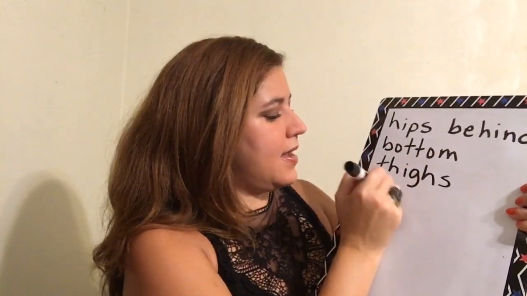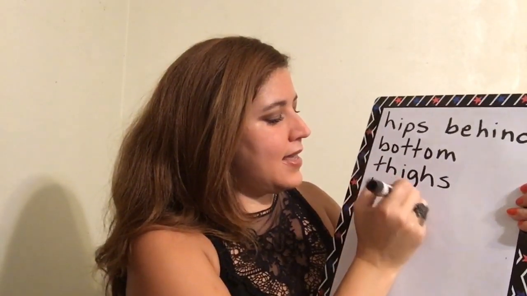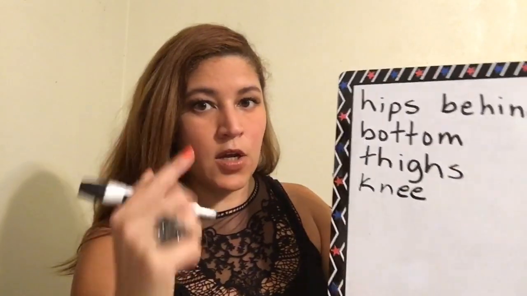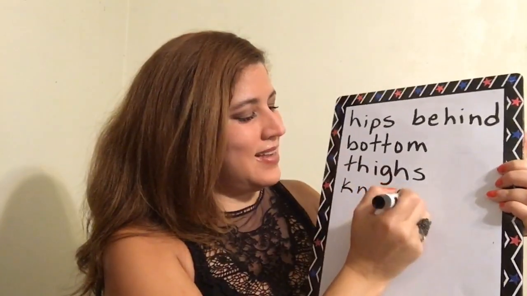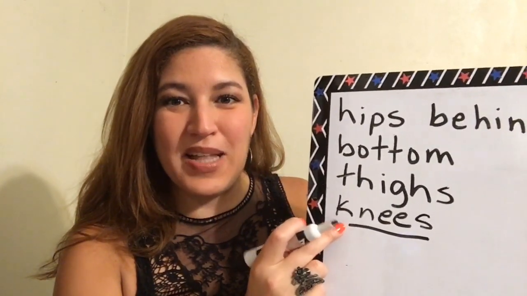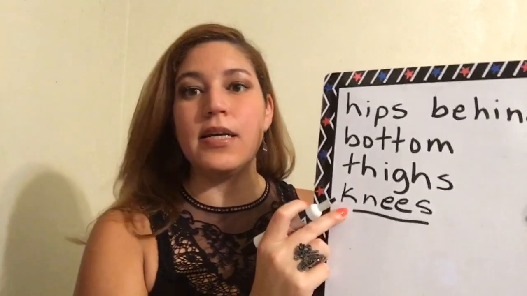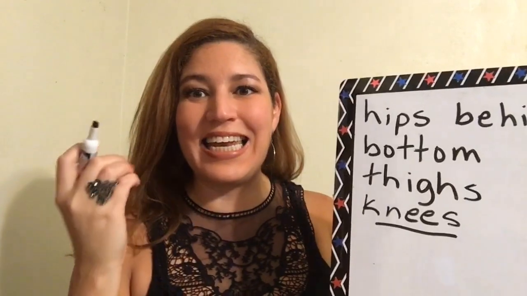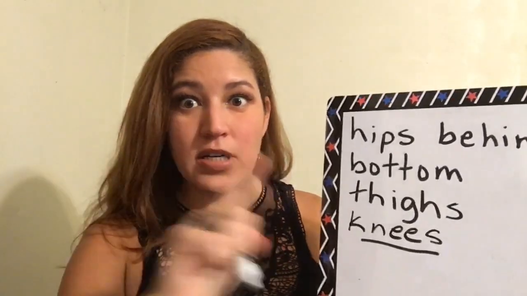So we spell it like this: K-N-E-E, one knee, two knees, right? Notice we spell it with a K at the beginning, but we say knee. We don't say k-nee, that's incorrect. We say knee, all right? So those are your knees, right?